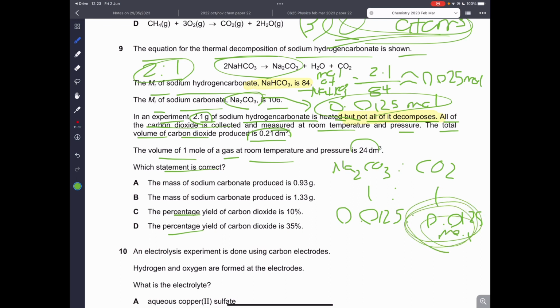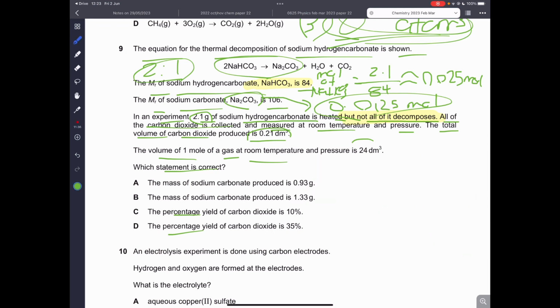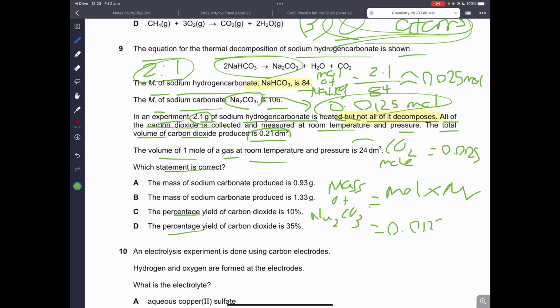Now we know that carbon dioxide is also 0.0125 moles. Okay. And now we have to find the mass of sodium carbonate. Remember, mole is equal to mass over Mr. So now mass is equal to mole times Mr. We got that sodium carbonate mole is 0.0125, and this Mr is given to us in the question, which is 106.